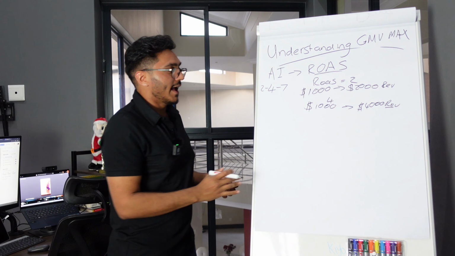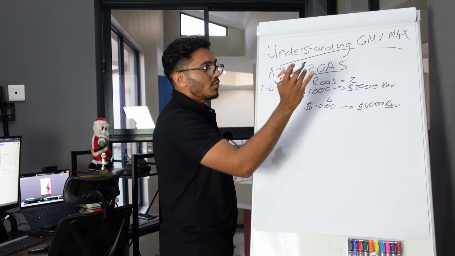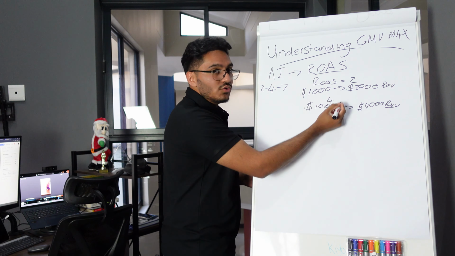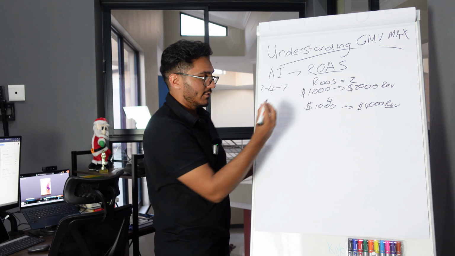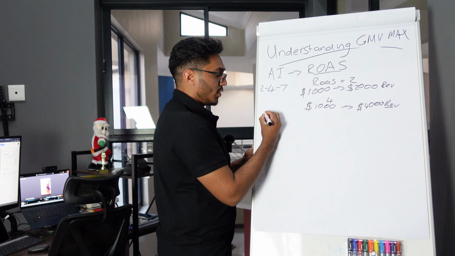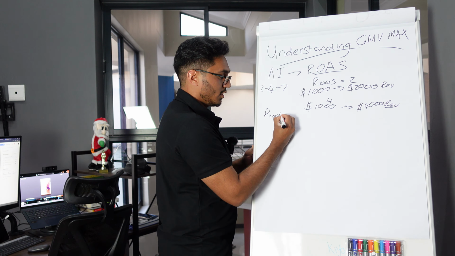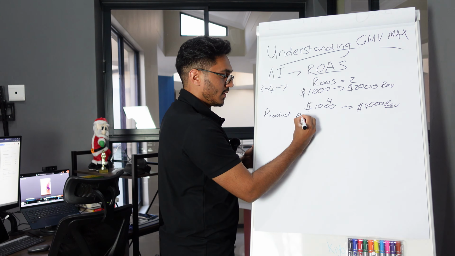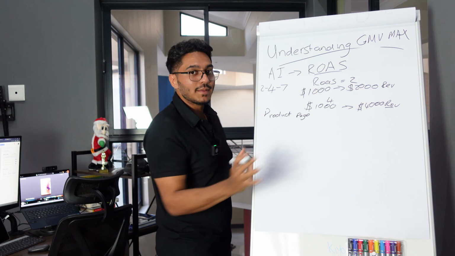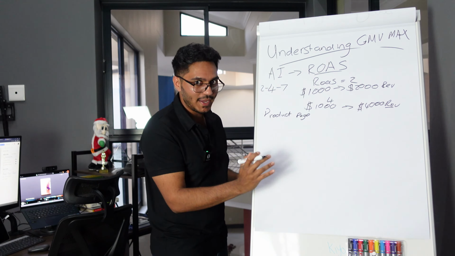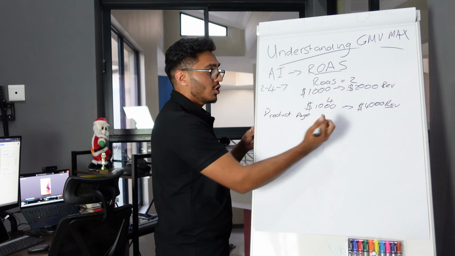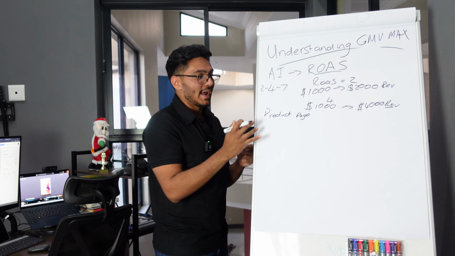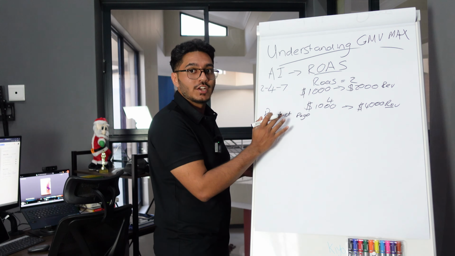Okay, and so now this is where you come in. If you look at the back end of GMV Max, we have the product page. The product page will get ad spend behind it and generate sales.